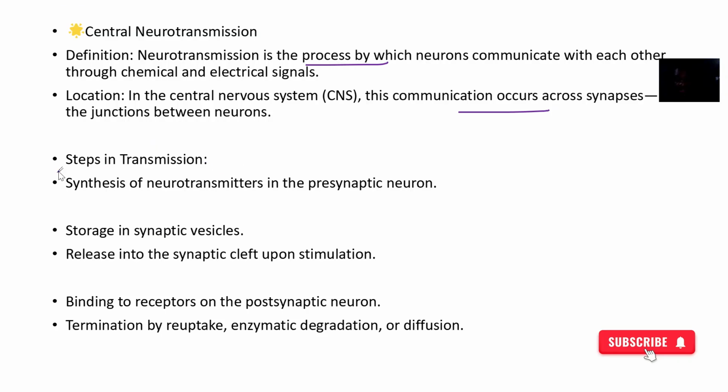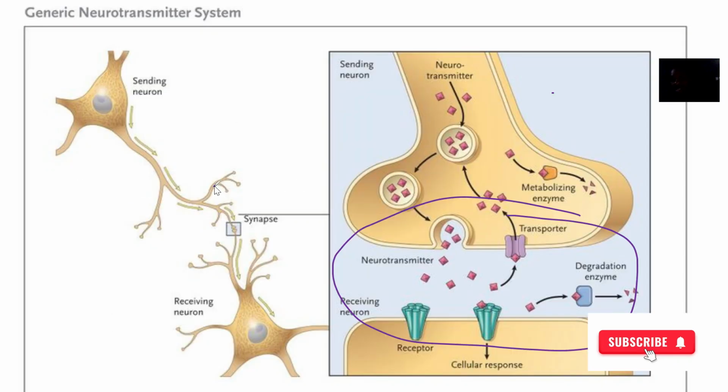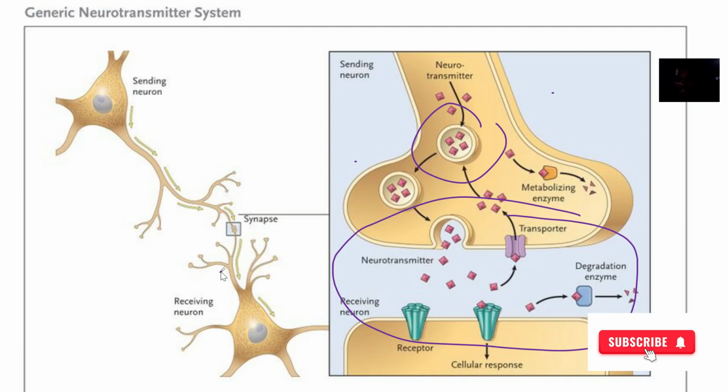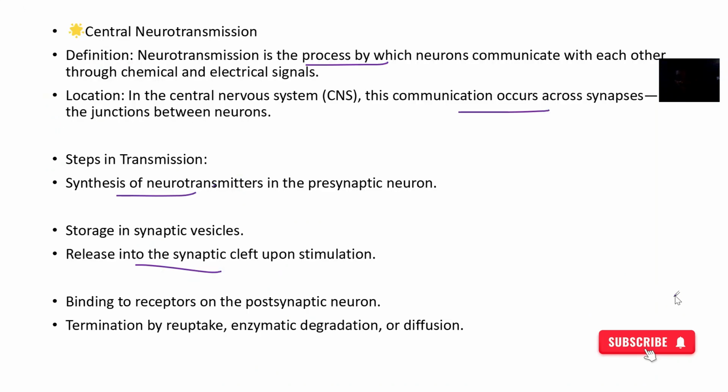So what are the different steps in neurotransmission? First of all, the neurotransmitter, the chemical, has to be made. When it is made, it is released into the synaptic cleft. The synaptic cleft is the open space between one neuron and the next one after it. It will then bind to the receptors on the postsynaptic neuron.